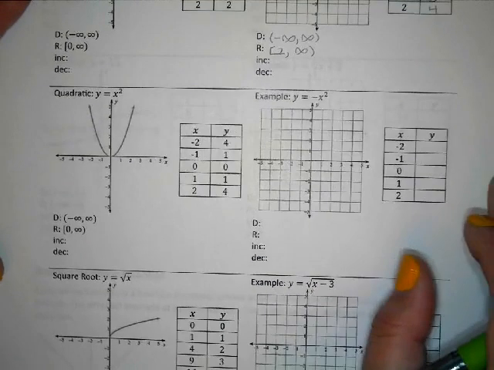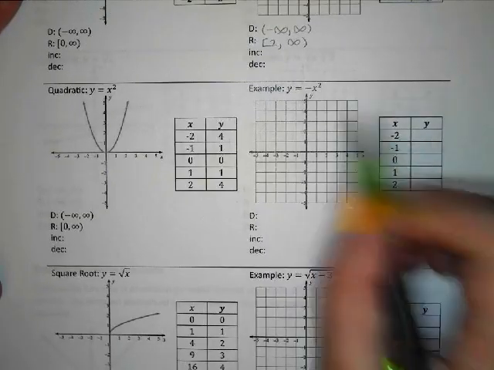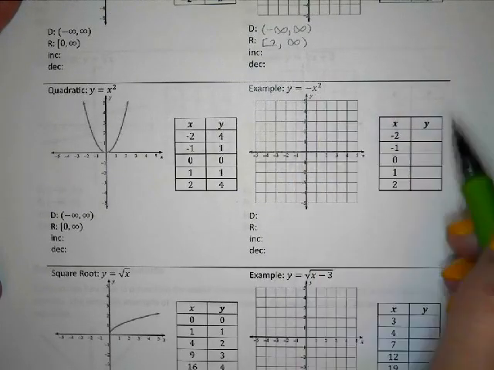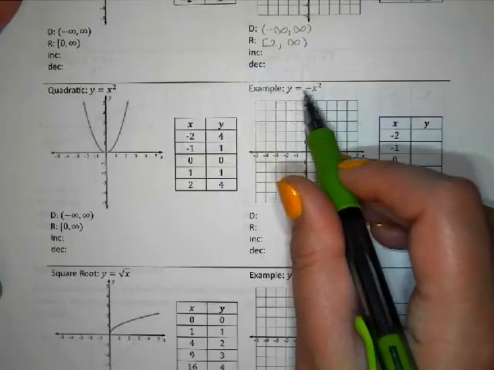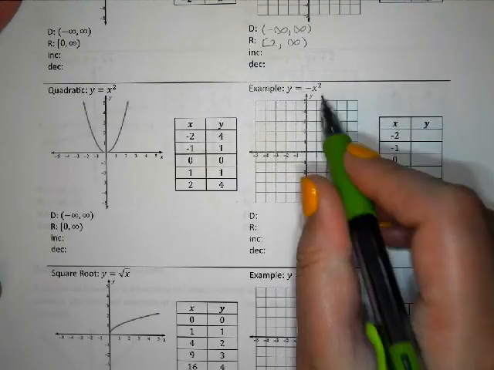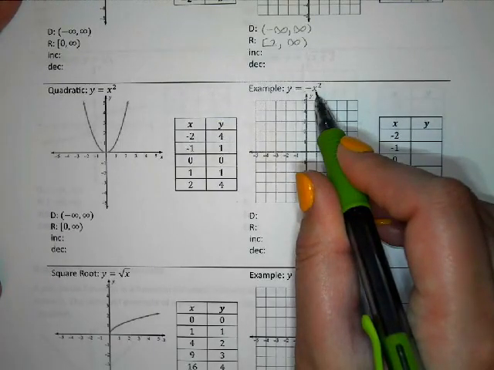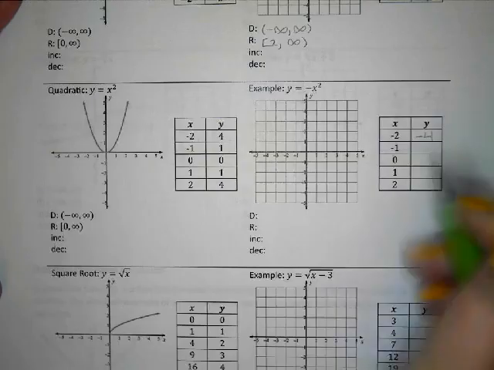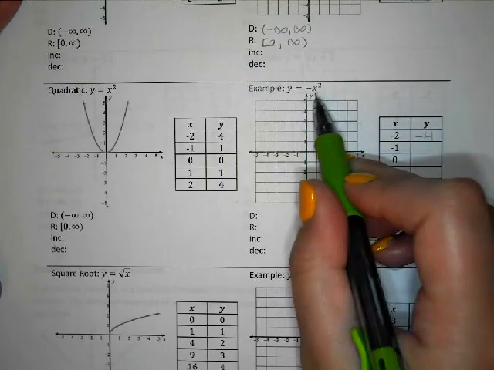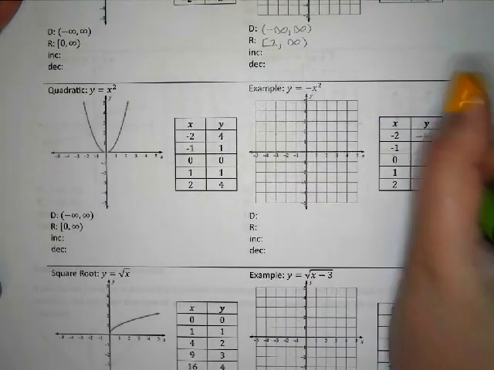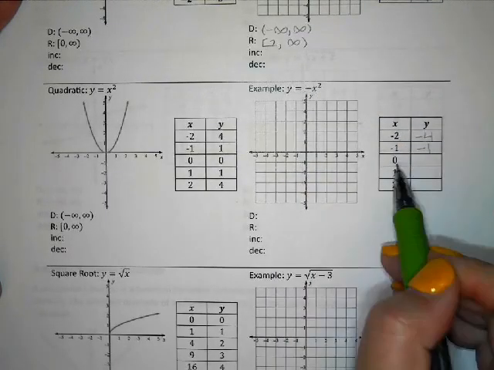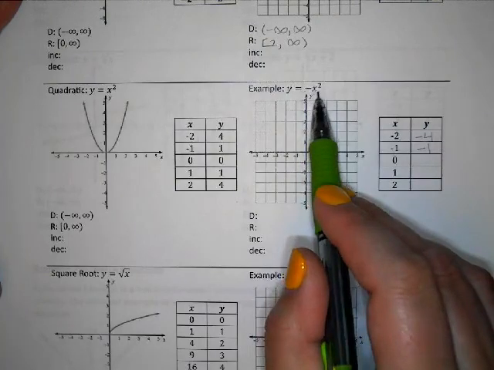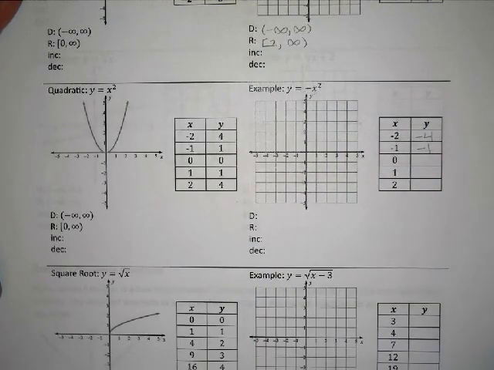Right next we have a quadratic, so we're going to take the values, square them, multiply them by themselves, and then force them to become negative. So negative 2 squared is positive 4, and then the negative version of positive 4 is negative 4. Negative 1 squared is positive 1, the negative version of that is negative 1. 0 squared is just 0. The negative version of that is negative 0, which is still just 0.